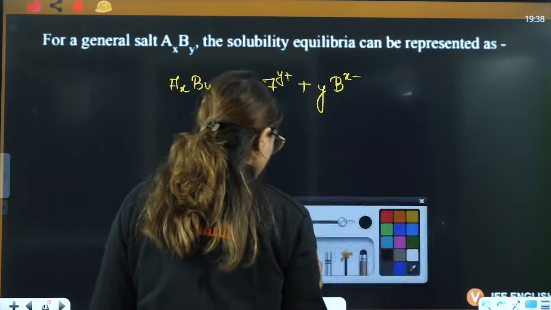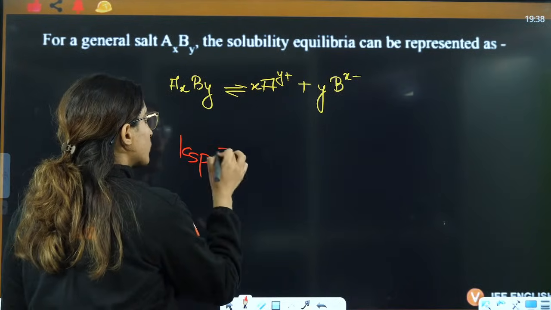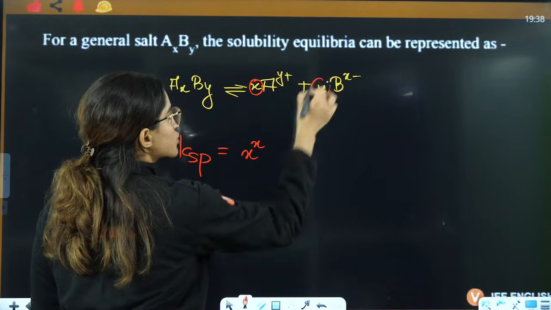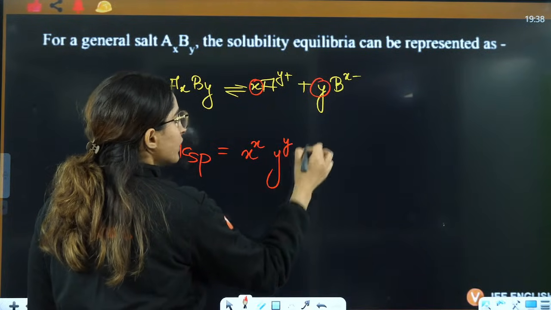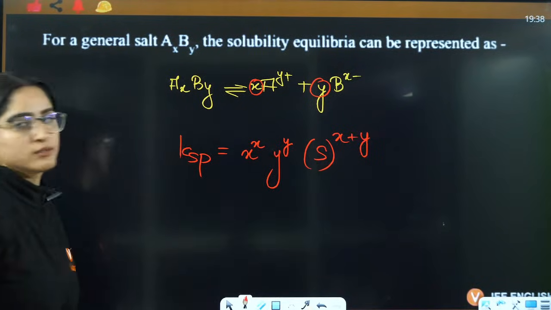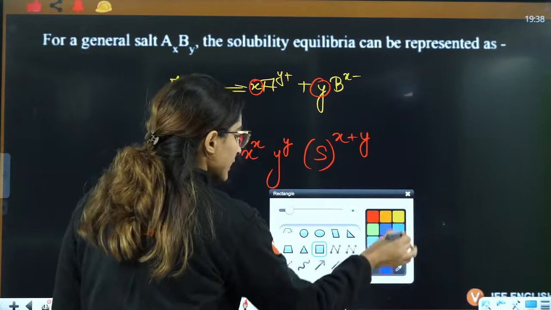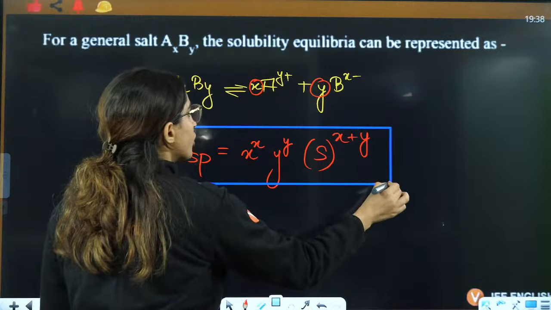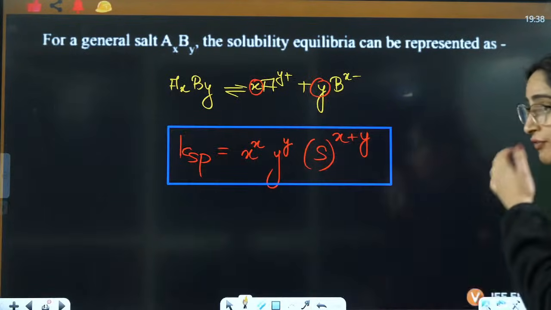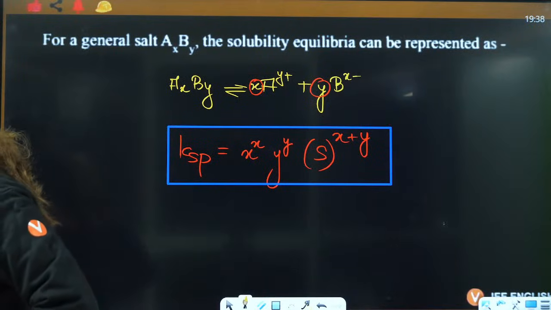Write Ksp equals stoichiometry raised to power stoichiometry, stoichiometry raised to power stoichiometry, solubility raised to power addition of stoichiometry. If you know this simple trick, you will be able to solve these questions in seconds. If no calculation is required, it will take hardly 2-3 seconds, right?